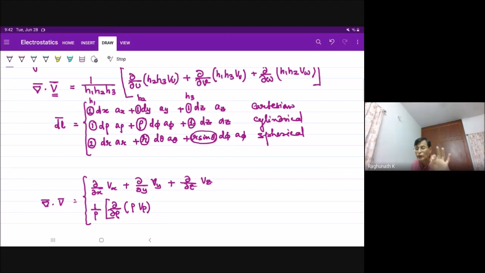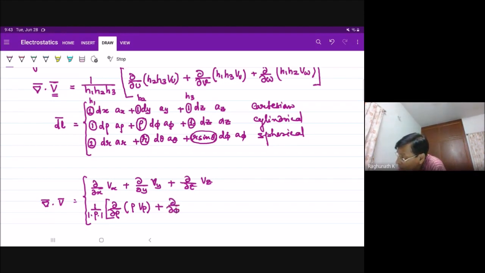You have to differentiate it using the product and then divide it by rho. Plus 1 into rho into 1. Dou by dou rho of H2 H3 V rho.